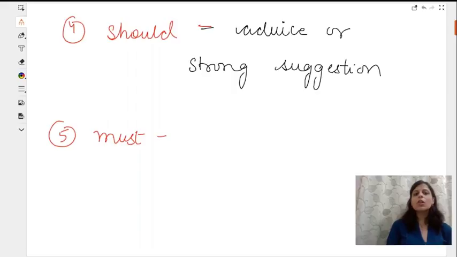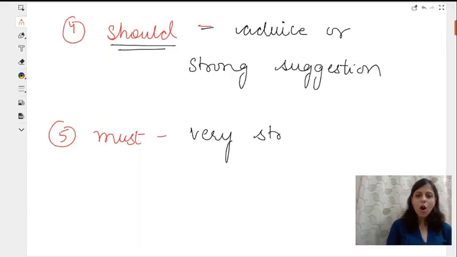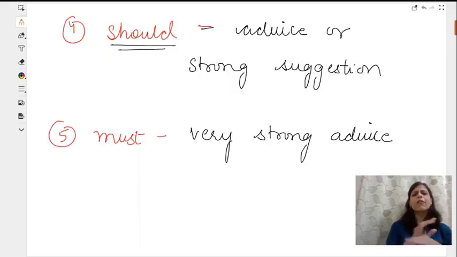But when you use the modal must, that means you are trying to make your point very strong. You must do this. So it is an advice, but a very strong advice. That's the basic difference between should and must.